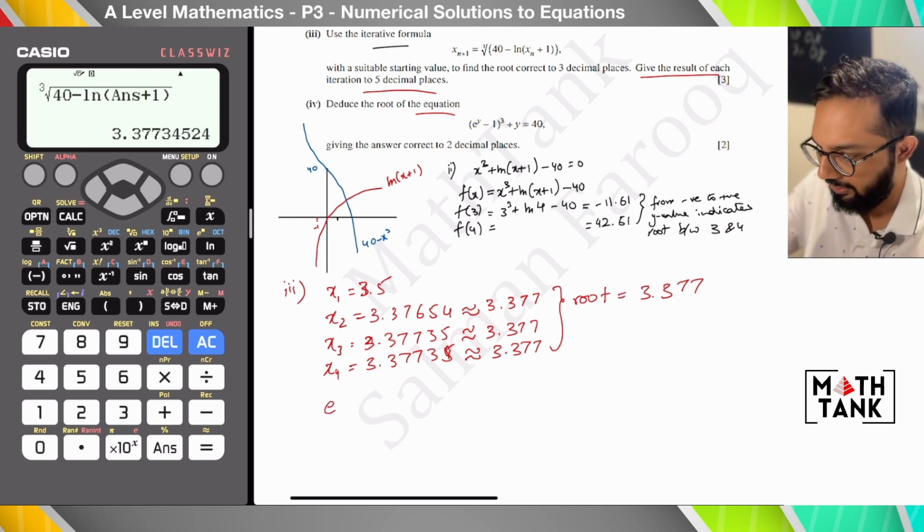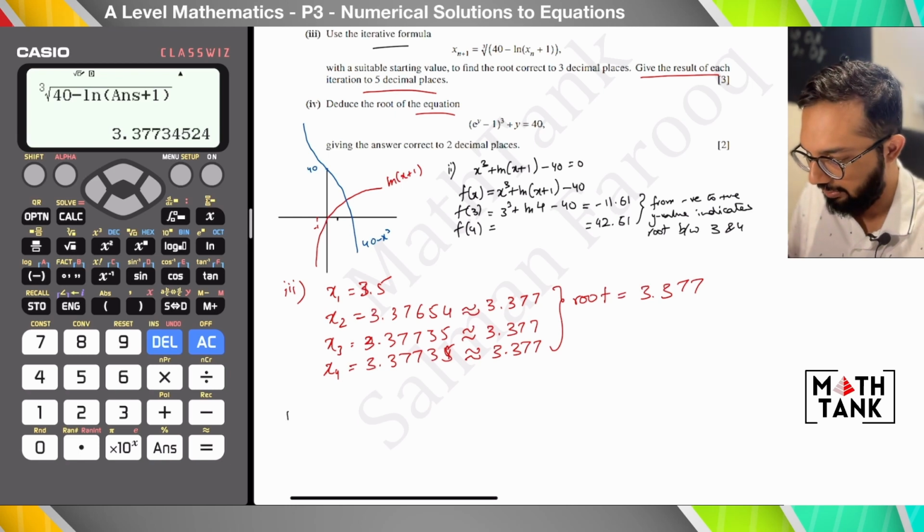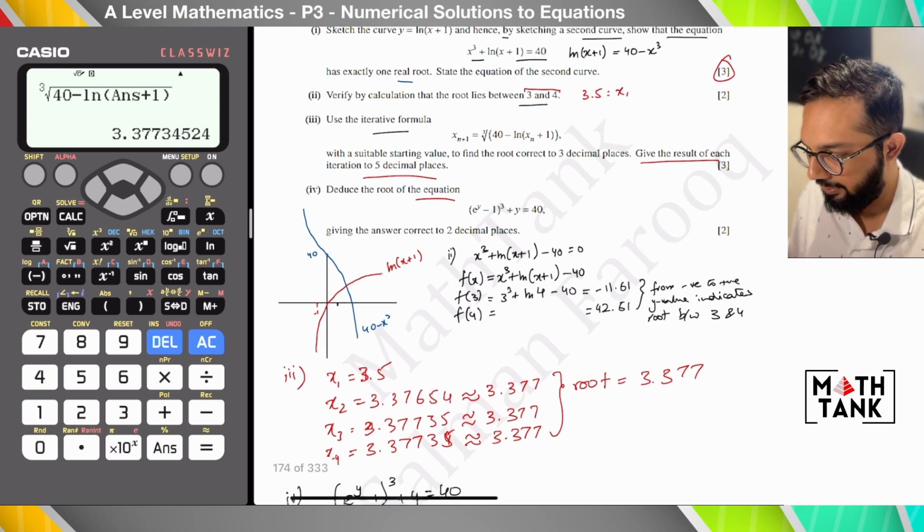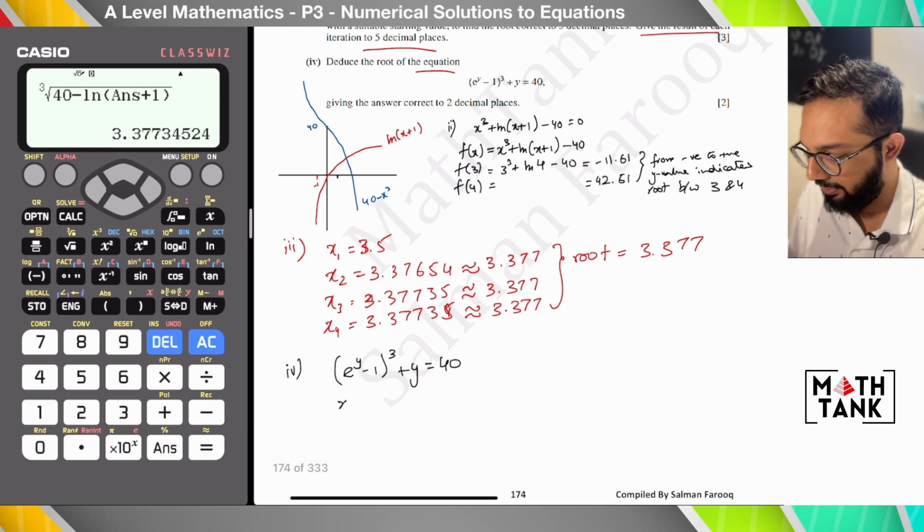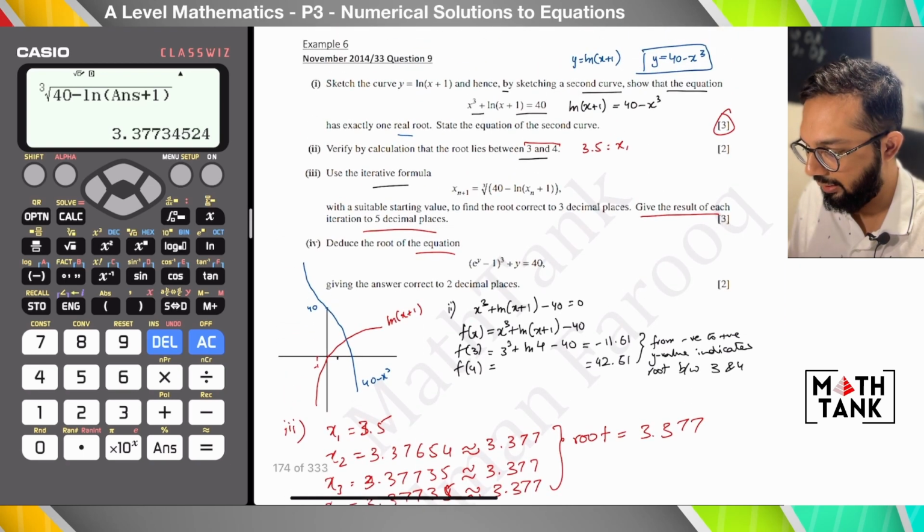Now when I write down these two equations side by side, I'll be able to see something. Let's see what I'm able to see. Plus y equals to 40, and x cube plus ln x plus 1 equals to 40.